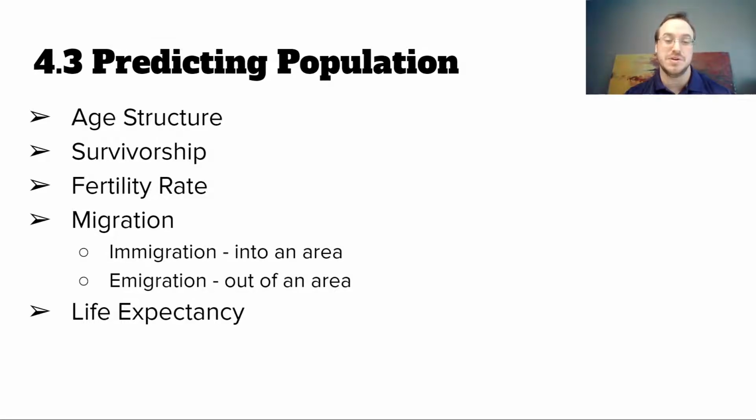Right? Life expectancy is how long an individual is expected to live. It is very similar to survivorship, but the longer the lifespan of an individual, the more kids they're able to have, the larger impact they will have on the overall population, and they may even become a burden to the population if there are a lot of individuals who are older and need taken care of but cannot work.